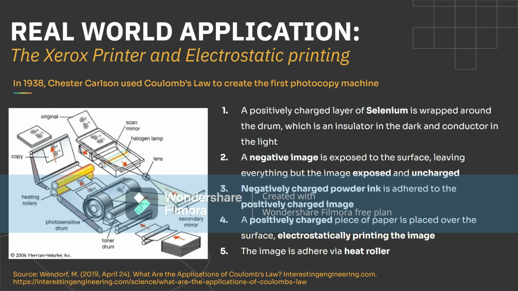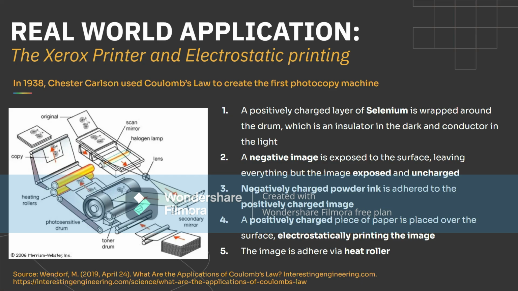Now, the first thing that we are going to do is take a thin layer of selenium. Selenium is used for this application because it is an insulator in the dark, which means that it does not conduct electrical energy, but in the light, it is a conductor, which means it is very good at conducting electrical energy, right? Keep that in mind.